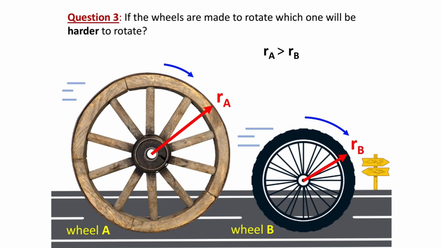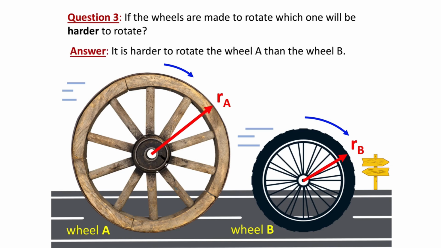RA, radius of wheel A, is greater than RB, radius for wheel B. If we apply an equal torque to these wheels, angular acceleration in wheel B will be greater than angular acceleration in wheel A. Therefore, moment of inertia in wheel A will be greater than in wheel B. And the answer is, it is harder to rotate the wheel A than the wheel B.